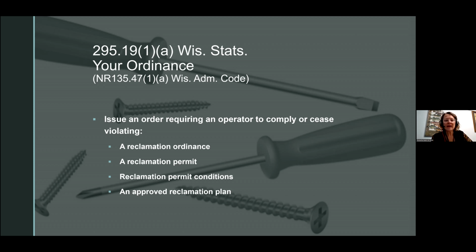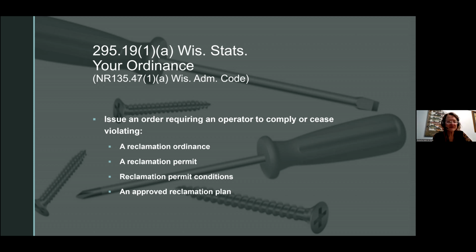Cease violating is something that can be added in or part of the order to comply if you're dealing with an unpermitted site or an operator who has grossly misappropriated the site and created conditions that cannot cause the operator to follow their reclamation plan.